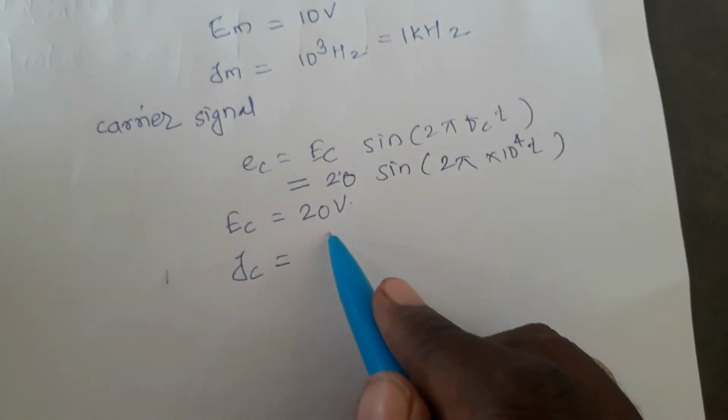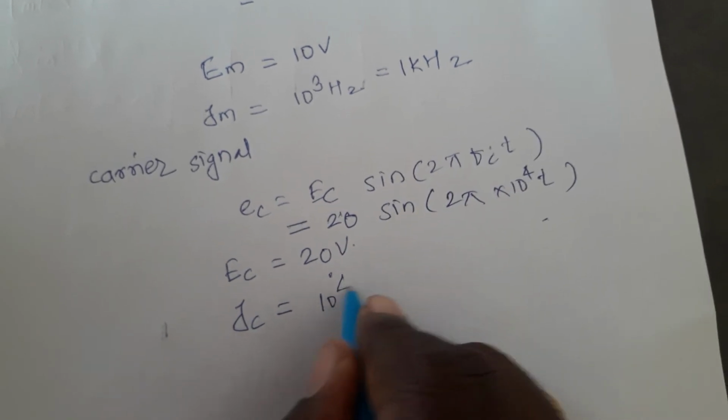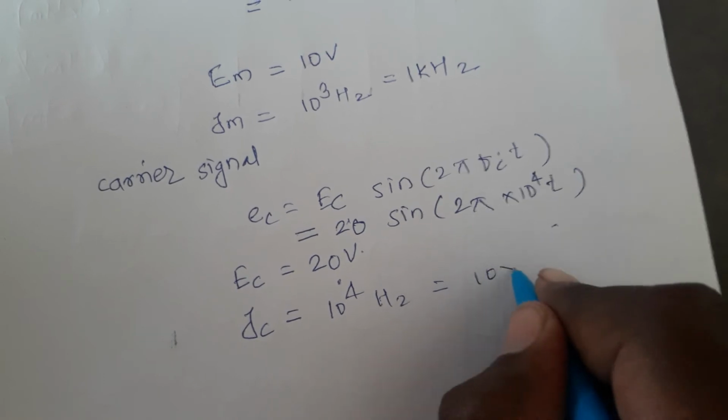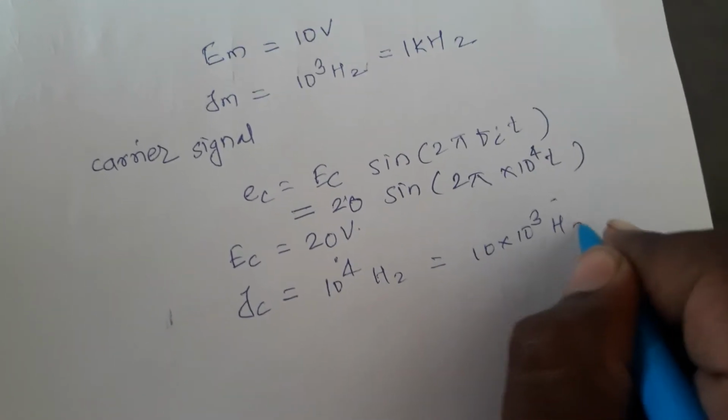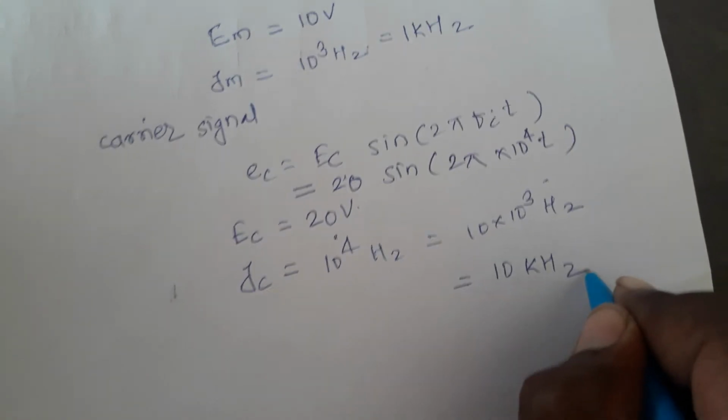So EC becomes 20 volt and Fc becomes 10 raised to 4 hertz, meaning it is 10 into 10 raised to 3 hertz. So it becomes 10 kilohertz.